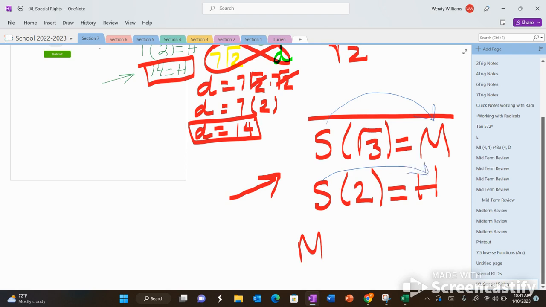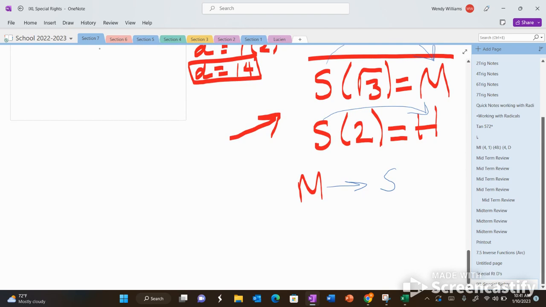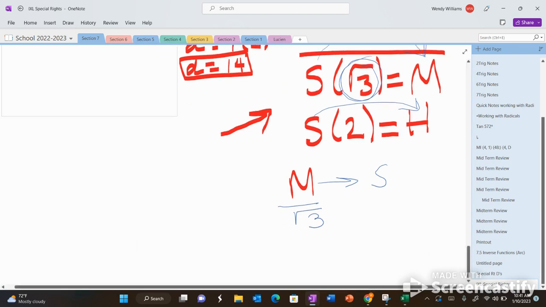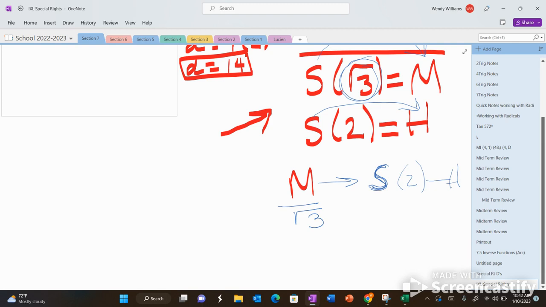In order to start with the medium, you first have to get to the small. And how do you get from the medium to small? Well, if you multiply by the square root of 3 to get to the medium, you would divide by the square root of 3 to get to the small. And once I know the small, I can get to the hypotenuse by taking that small, multiplying it by 2.